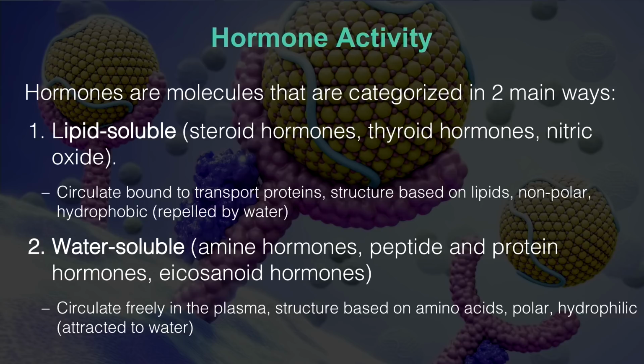So these can dissolve in the blood no problem. They don't need chaperones. They dissolve in the interstitial fluid, no problem. In the cytosol, no problem. But the plasma membrane might as well be a brick wall. They can't get through.